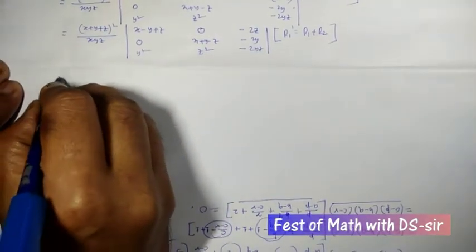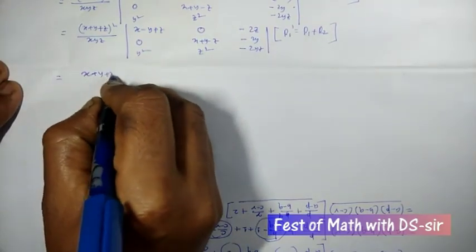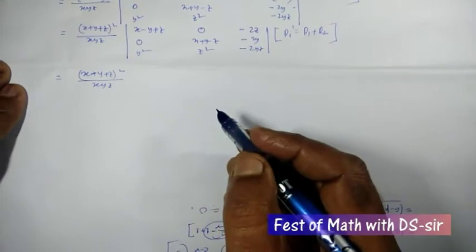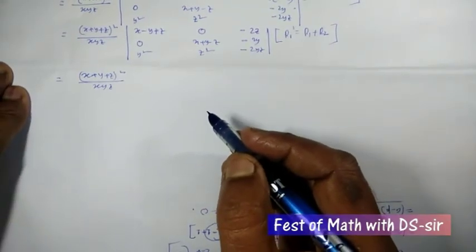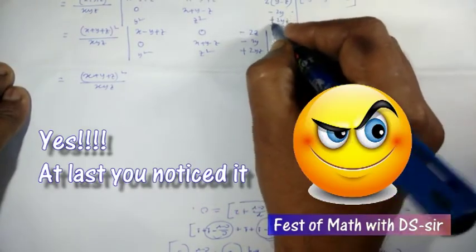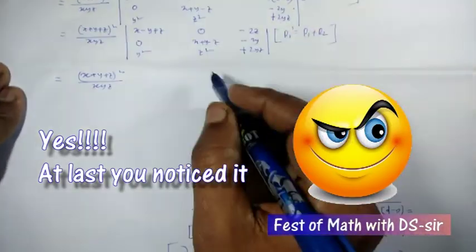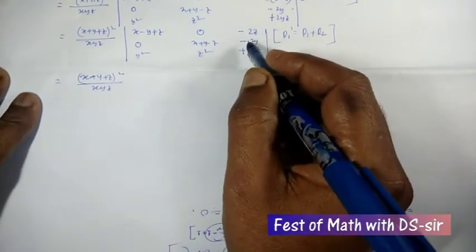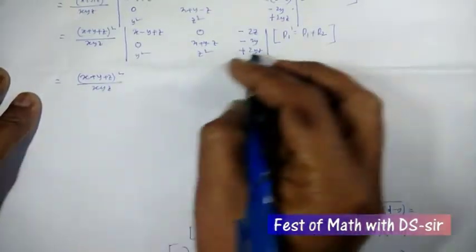Next, I can take 2 common from there, minus 2. Sorry, it is plus 2yz, this will be plus. I can take 2 common there, but I won't take 2 common now.